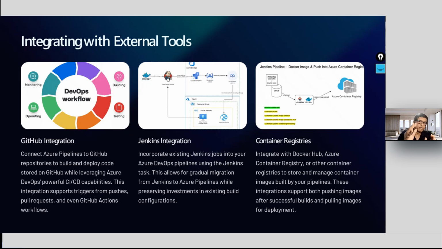I don't want to disturb it, but I will integrate with that Jenkins pipeline, take its output as an input to the new pipeline that I've built over Azure DevOps, and carry forward, because Azure DevOps is much more advanced than Jenkins.